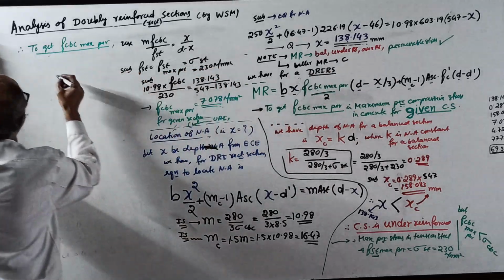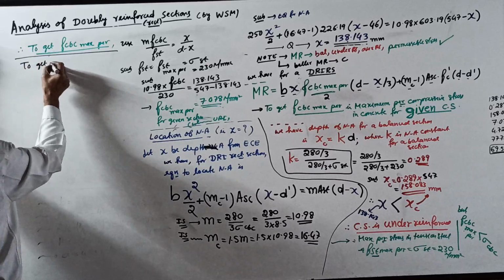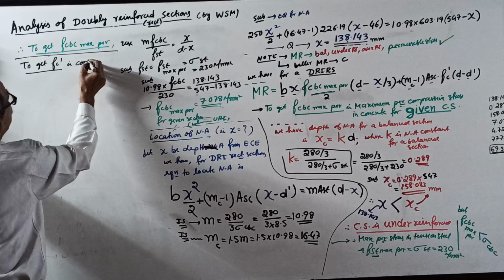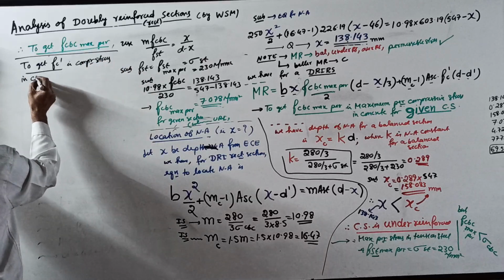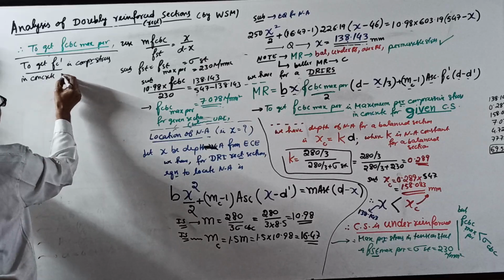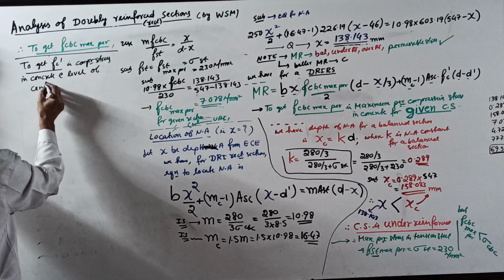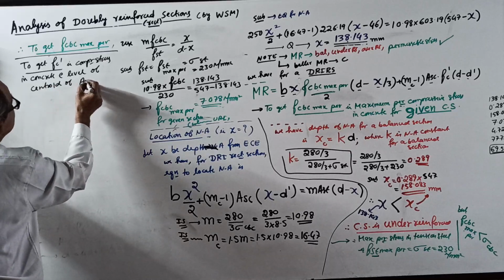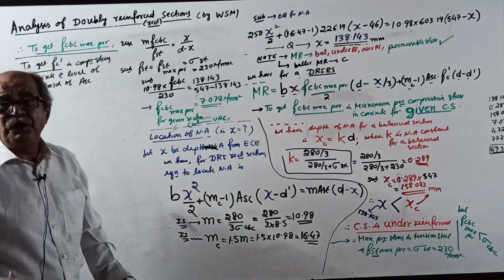Last one now. To get FC dash, that is compressive stress in concrete, not steel, but at the level of the centroid of compression steel.